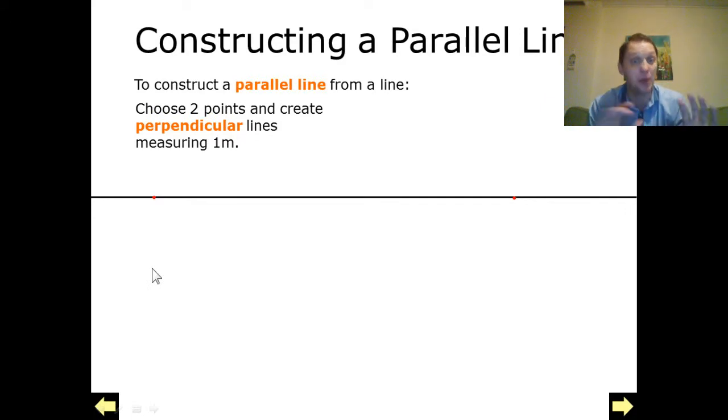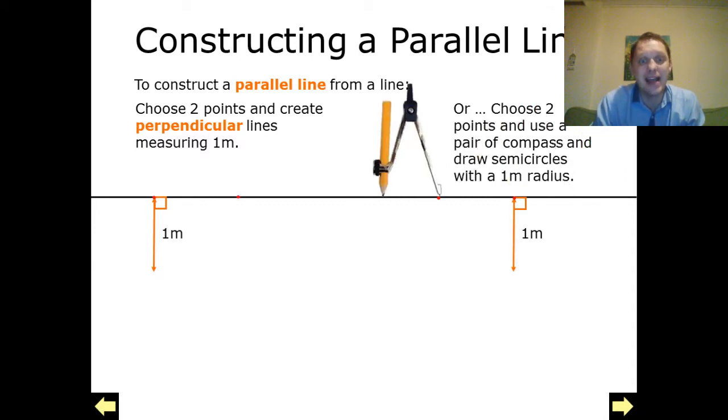If I wanted to create a parallel line which is 1 meter away, then you measure 1 meter from here, create a perpendicular line from here, which is 1 meter long. And then you simply draw a line going straight across at the 2 points created.